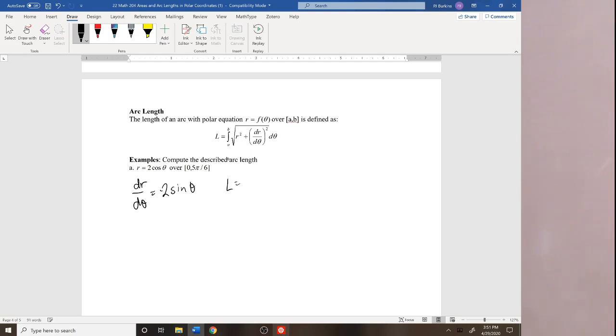So my arc length is an integral from 0 to 5 pi over 6 square root of 2 cosine theta squared plus negative 2 sine theta squared d theta.